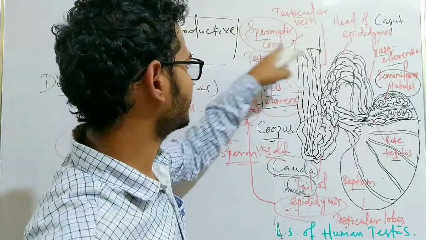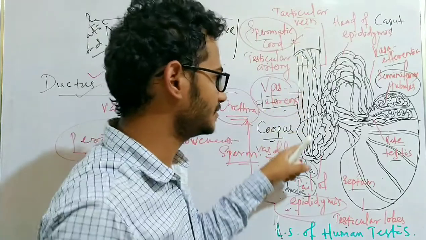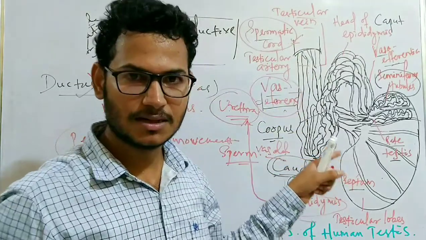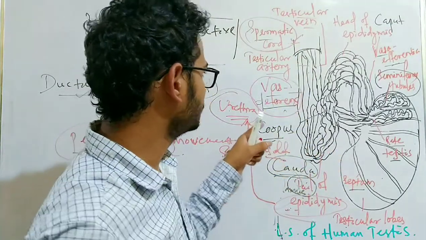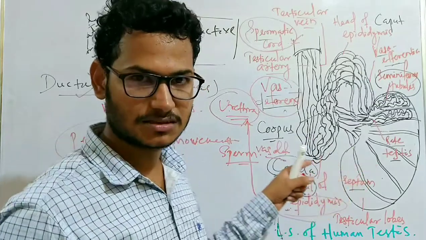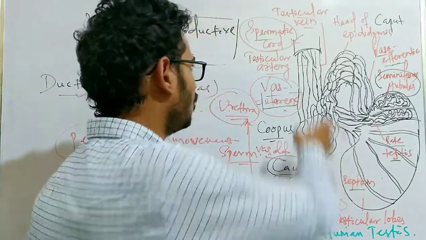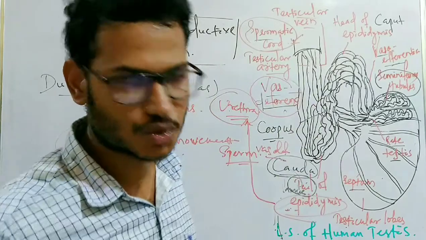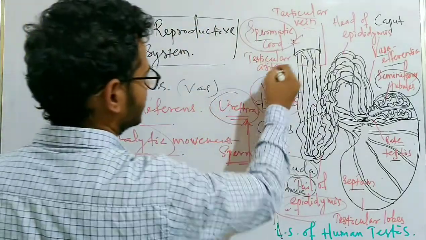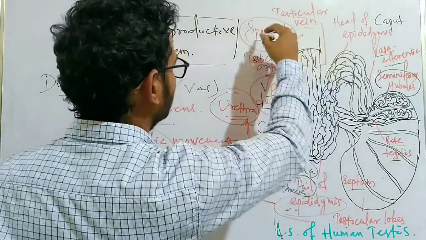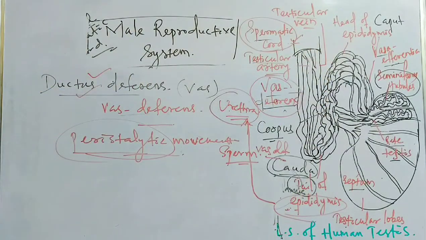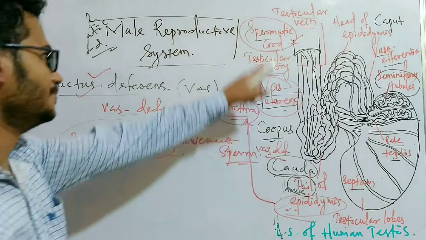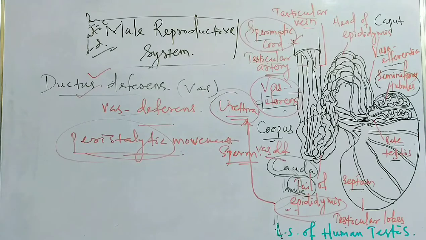Through this spermatic cord only, all the important circulatory and nervous structures and the ducts that carry the sperm come downward into the scrotum. You can see here the testicular artery, the testicular vein and the vas deferens coming downward into the scrotum through this spermatic cord.